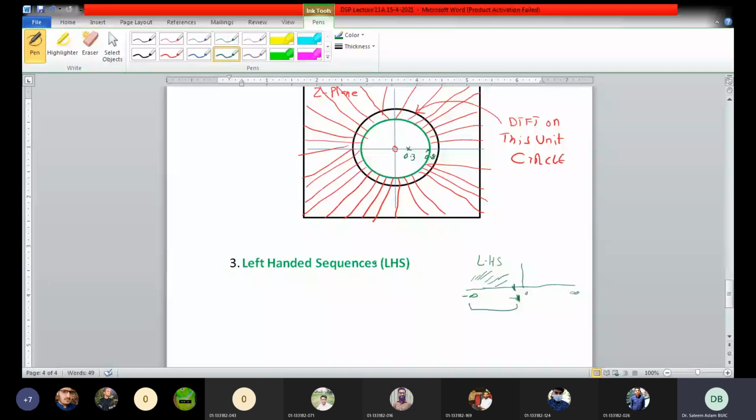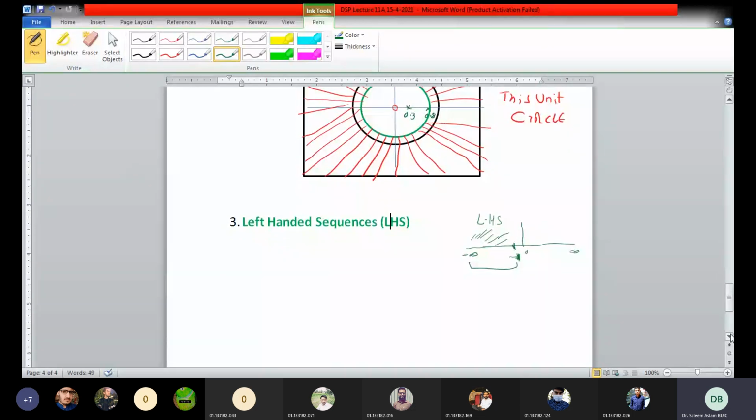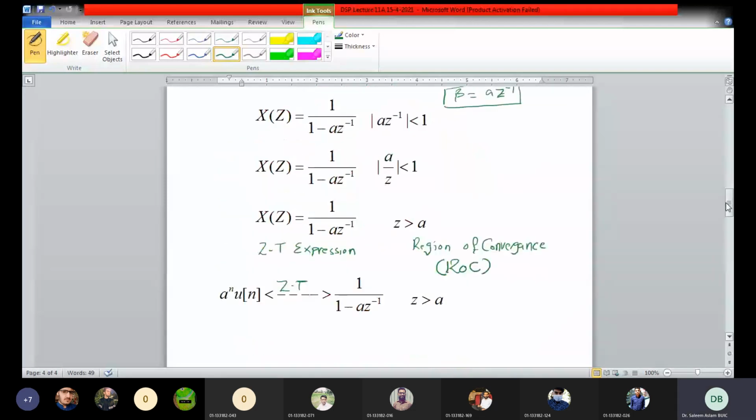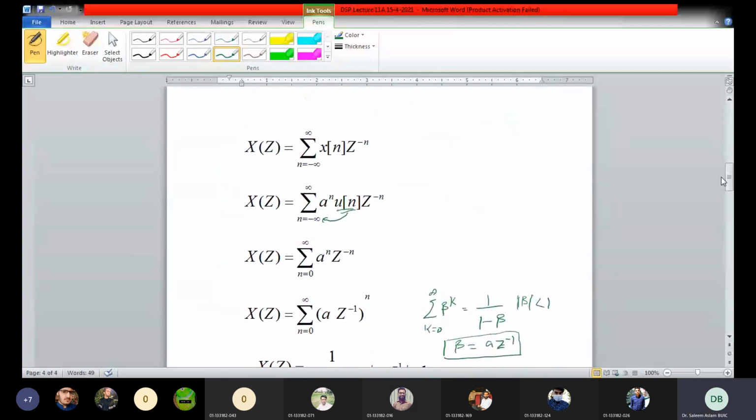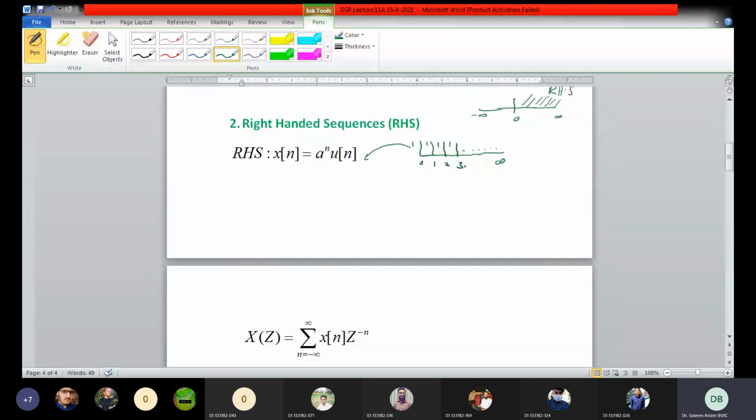So it's running from minus infinity to -1. Since we included 0 in the right-handed sequences, we are not going to include 0 here, as done by Oppenheim. Oppenheim counted 0 in the right-handed sequence, although it won't make any difference, but just for the sake of coherence with your writer.